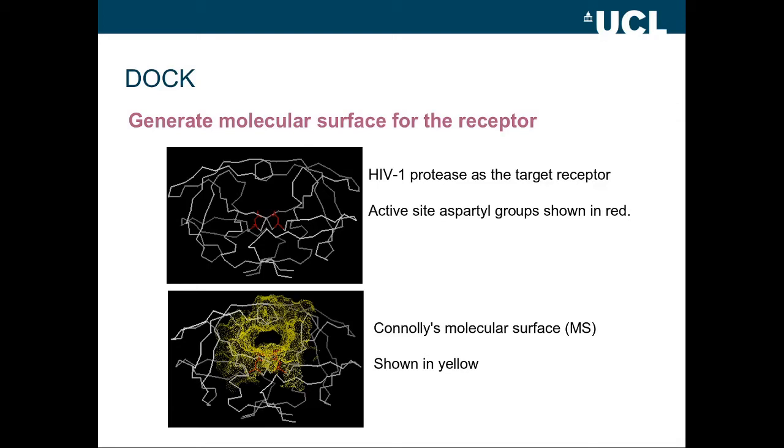In this case we're looking at the HIV protease as a target receptor. These two red aspartate groups form the active site. So here we have a Connolly molecular surface drawn across that, and that really is our surface onto which we want to dock our small molecules.